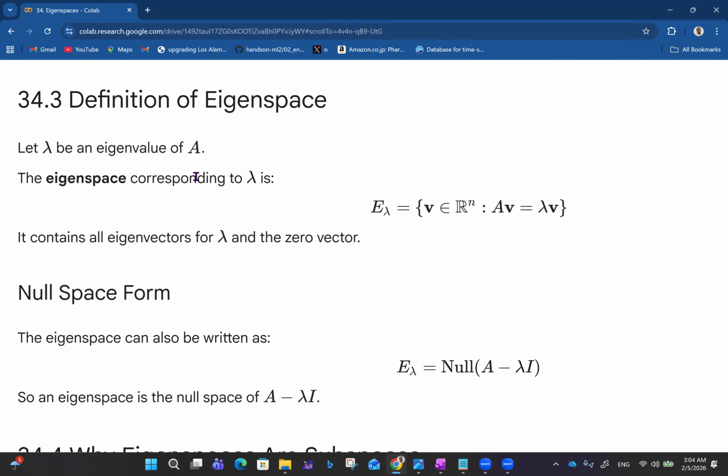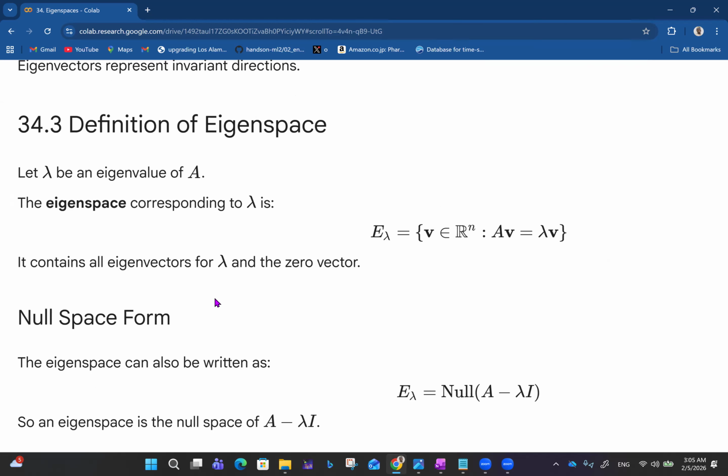Let lambda be an eigenvalue of A. The eigenspace corresponding to lambda is E sub lambda, which is the collection of all vectors in R^n such that AV is equal to lambda V. So it contains all eigenvectors for lambda and the zero vector. We have the null space form, which helps us there.